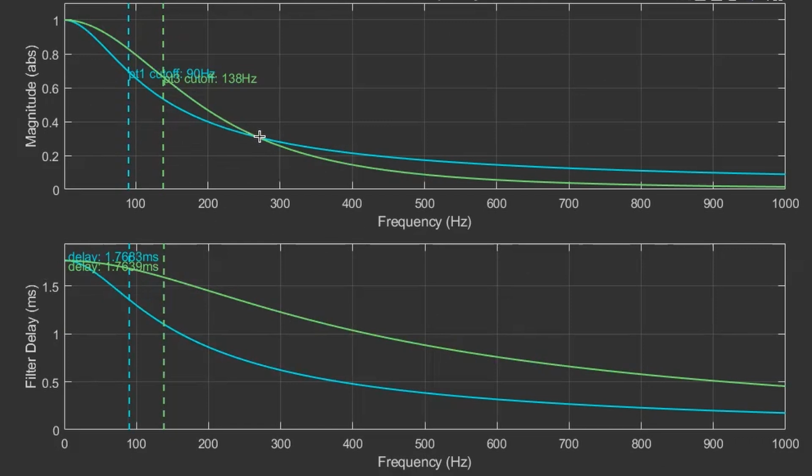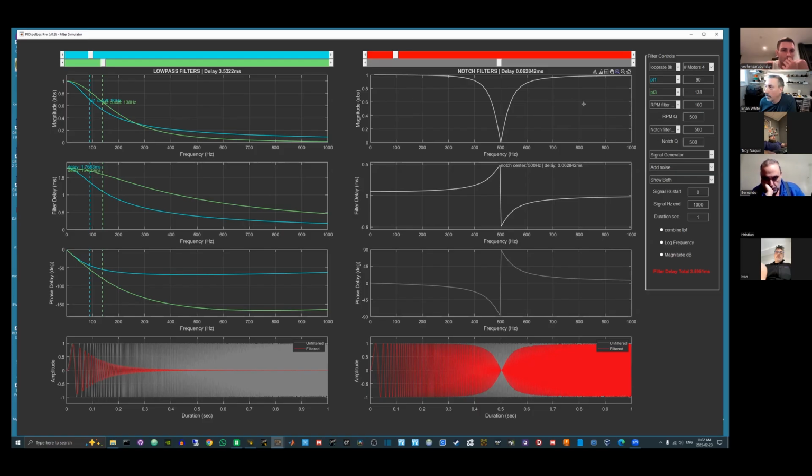The trade-off is you're going to get less attenuation up here. But depending on the nature of the noise coming through the D term, you might be better off in some cases with something like that. So that's a match: 90 hertz on a PT1, 138 on a PT3. What are your thoughts about that?